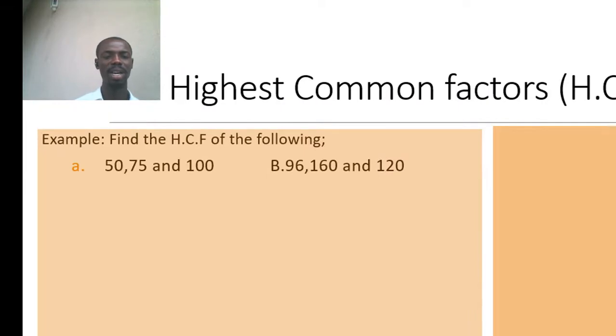Now we're having 50, 75, and 100. Let's go further and write out the factors of 50. We're going to be having 1 and 50 because 1 divides into every number. Now we're going to be having 2 and 25, because 2 divides into 50. 3, does 3 go?